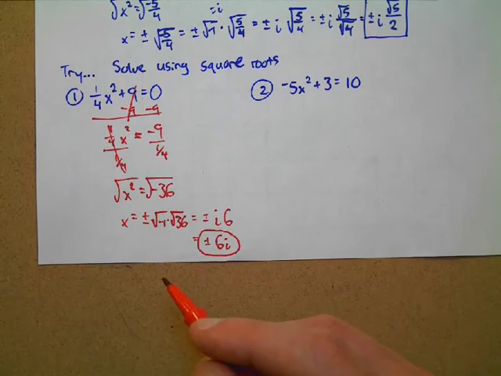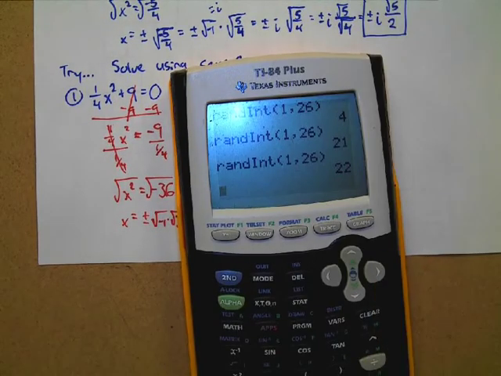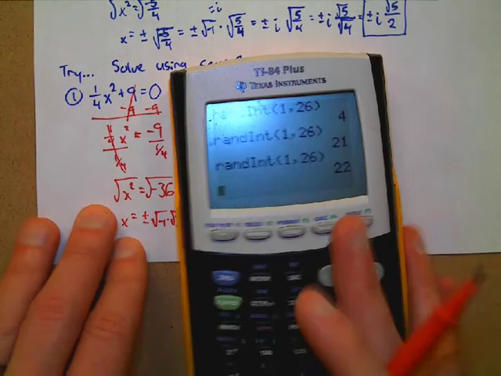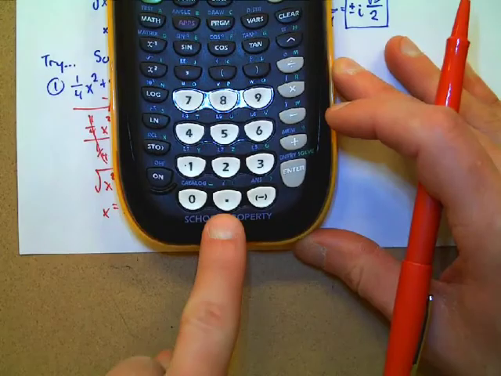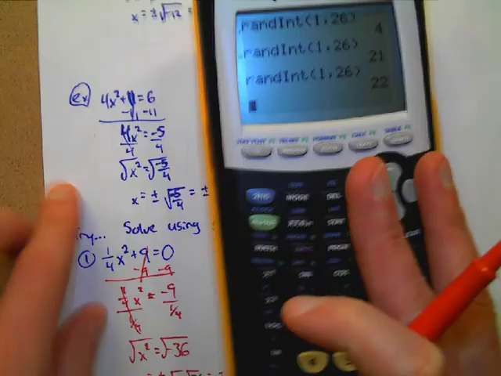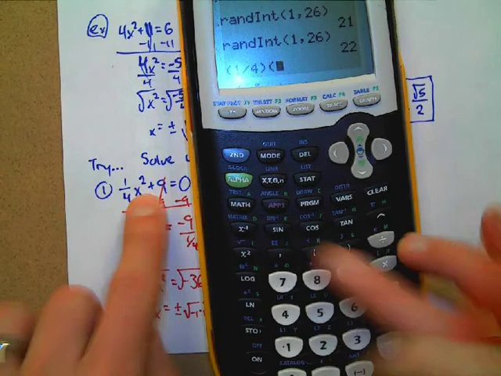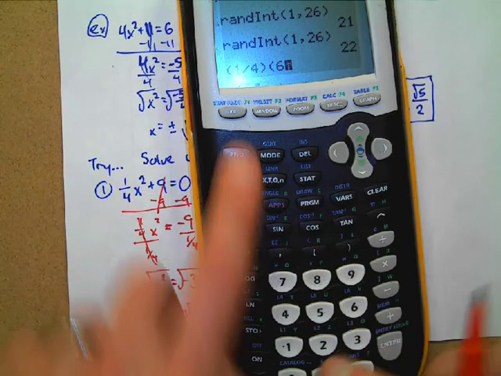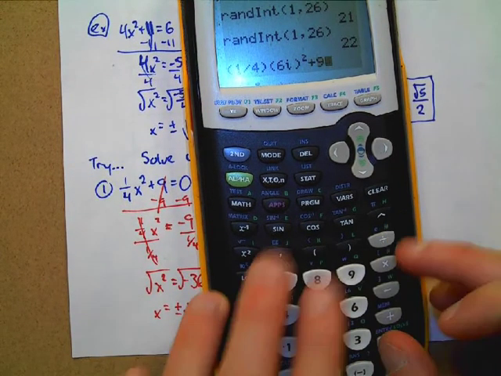Okay? And again, if you want to check it, you can always use your graphing calculator. There is an i button on your graphing calculator. If you did not know this, you press the second button and then the decimal point, second decimal, there's i, right? So if I take, for example, my original equation here, 1/4, and then I put in 6i as one of my answers and square it, and I add 9, we get our 0, right?